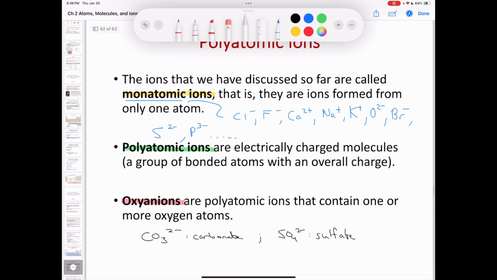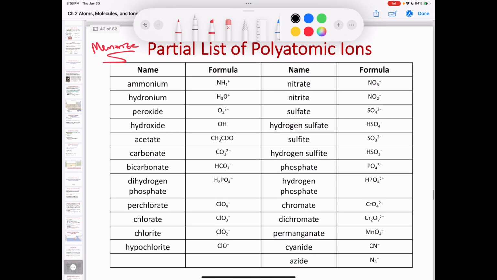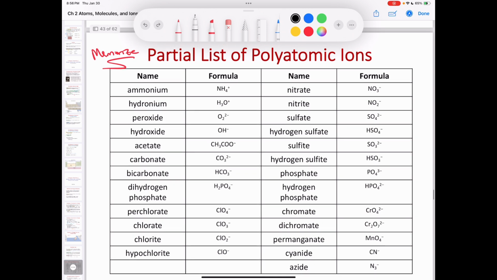Now, polyatomic ions that do not contain oxygen would be something like NH4 plus. This is called the ammonium ion. That would be an example of a polyatomic ion that doesn't have oxygen in it. You need to memorize all of these polyatomic ions.